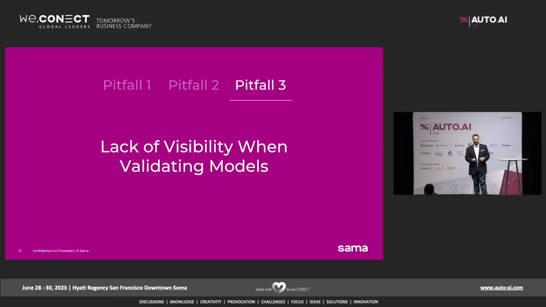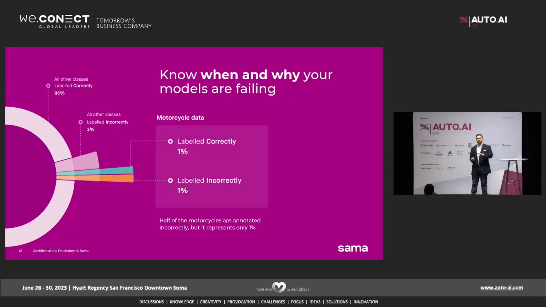Finally, pitfall 3 is a lack of visibility when validating your models. Now, that can also be during the early development stage. It can be later, once you're in production. It could be once you're deployed. An example here I like to give is that imagine that there is 1% incorrect labeled data in your entire data set. But if you're not looking deeper, in this example, there are 4% of errors total in your data set.